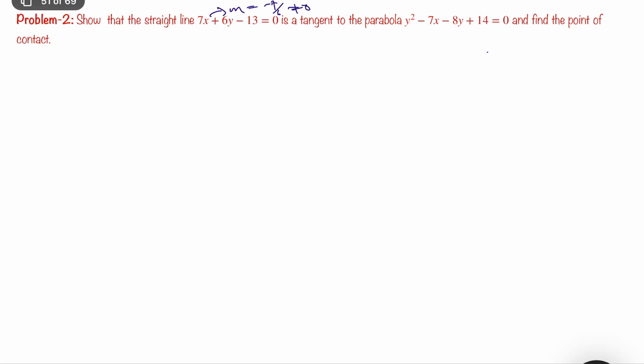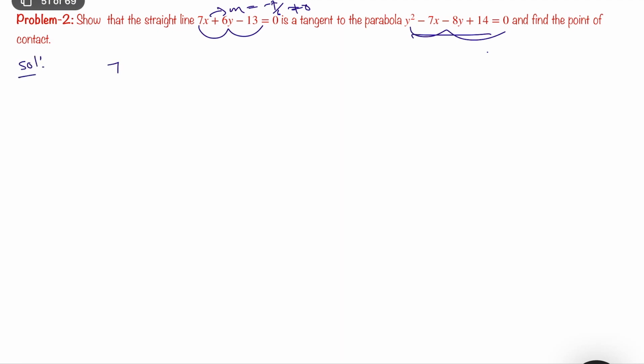If I can show that the point of intersection of this line and this parabola is only one point, then we can say that this straight line is tangent to this parabola. Also, that point of intersection will be the point of contact. So let us try to solve for the point of intersection.